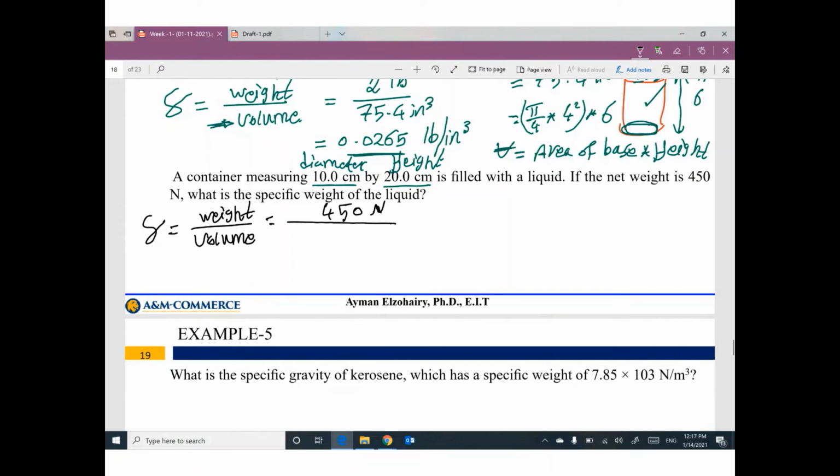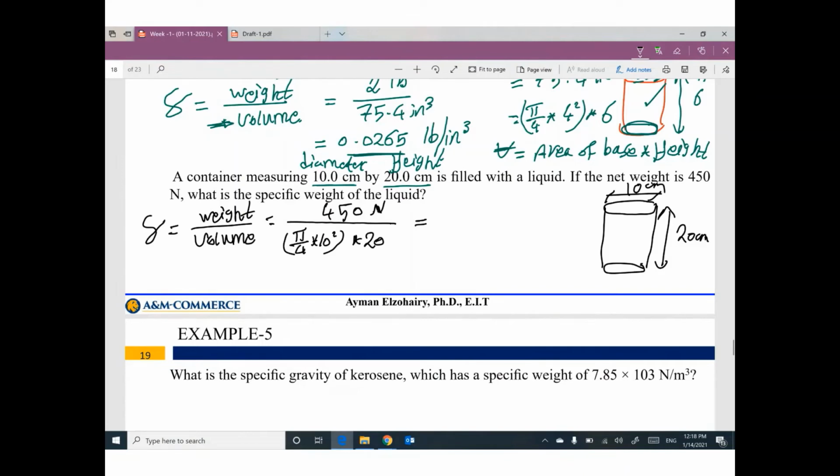The volume of this container, which looks like a cylinder with diameter 10 centimeter and height 20 centimeter, will be the area of the base, pi divided by 4 times 10 squared, times h, which is height. I can figure out the specific weight by dividing 450 by pi divided by 4 times 10 squared times 20.